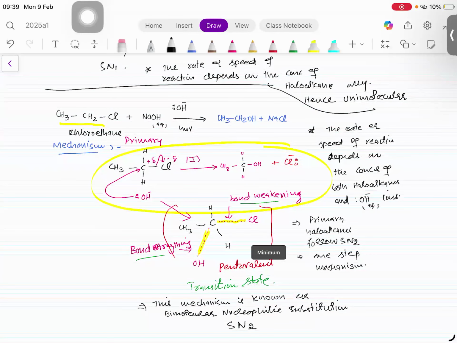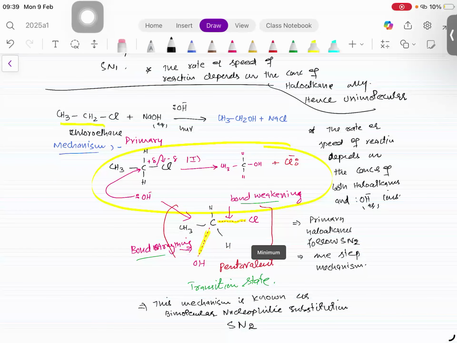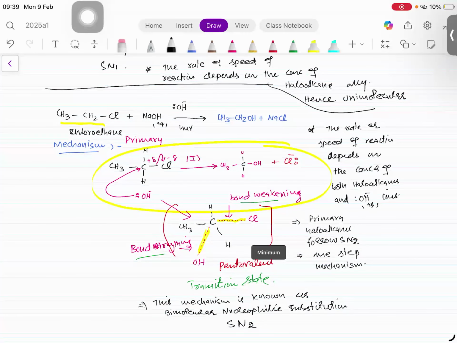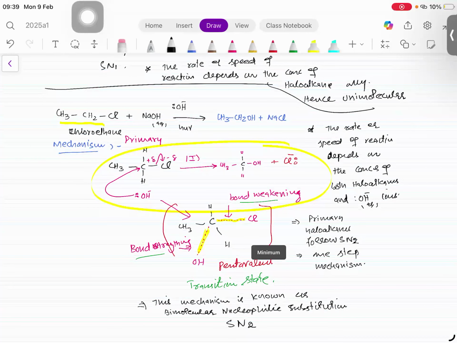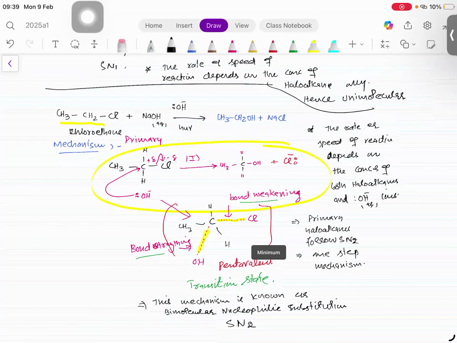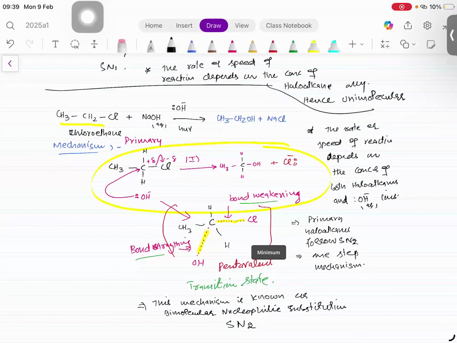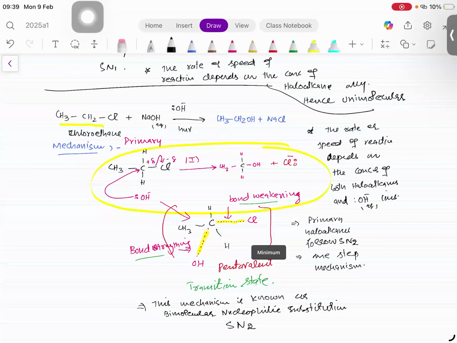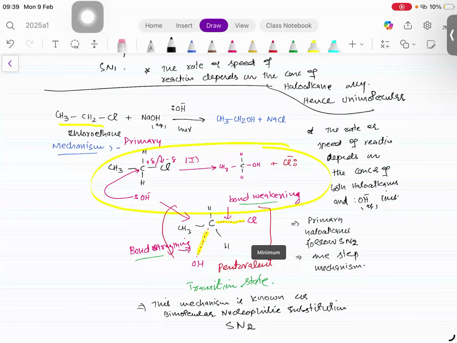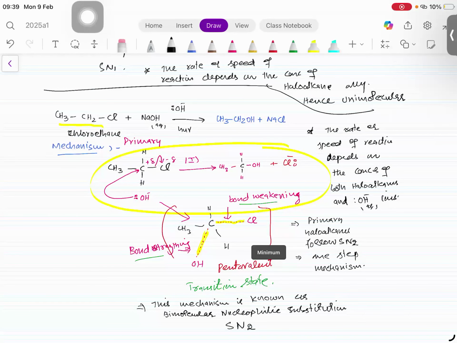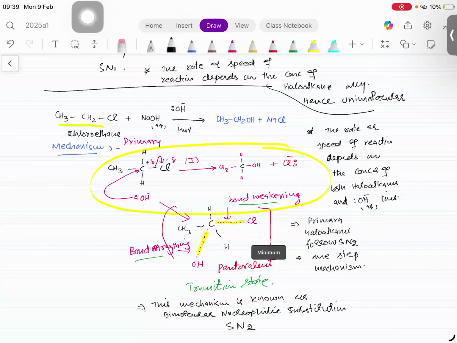In all these 4 examples, if there is a primary, you will follow SN2. If it's a tertiary, you will follow SN1 when writing the mechanisms. And if it's a secondary, it's solely your decision, because the factors which decide which way a secondary follows are not part of the syllabus. So I leave it to you; you can follow whatever you like.